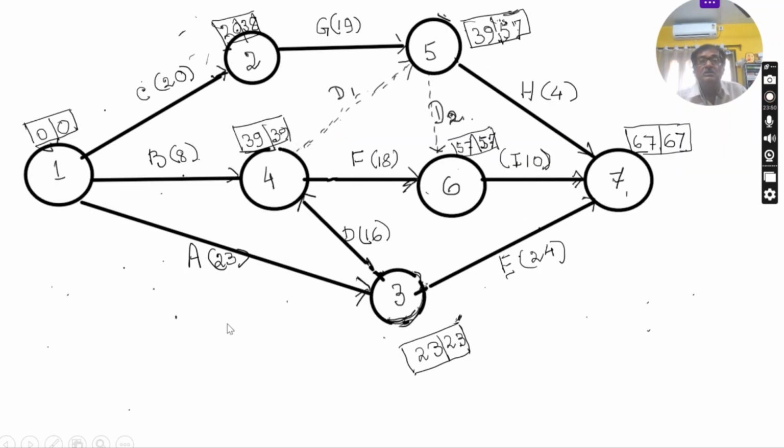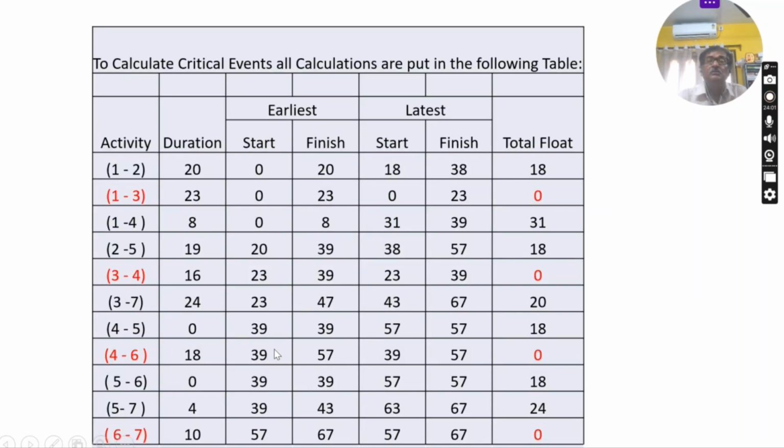The same values are shown in the box. So how do you compute the critical path? See it. Those values have been kept in this table. Here are the activities 1, 2, 3. All activities are written here. You can see the task also. In this problem it is mentioned as task. And this is the duration in days to complete the task.